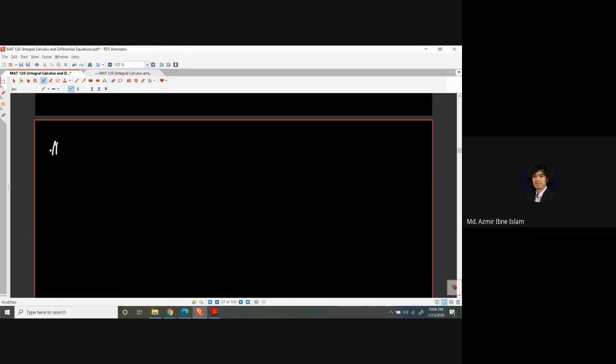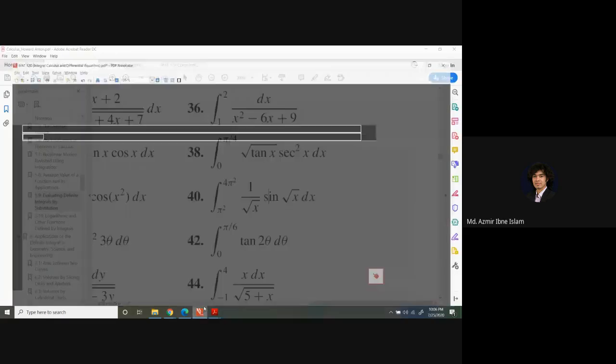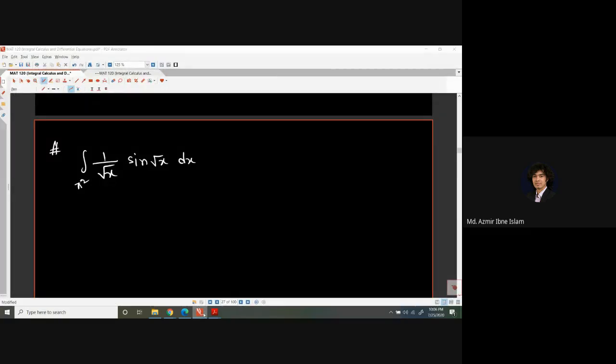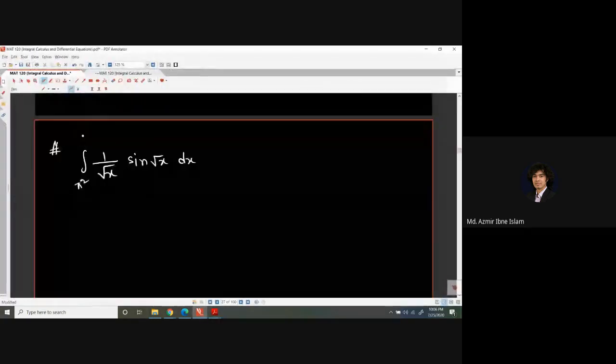So here we have the function 1 over root x sine root x dx, integration from pi squared to 4 pi squared.